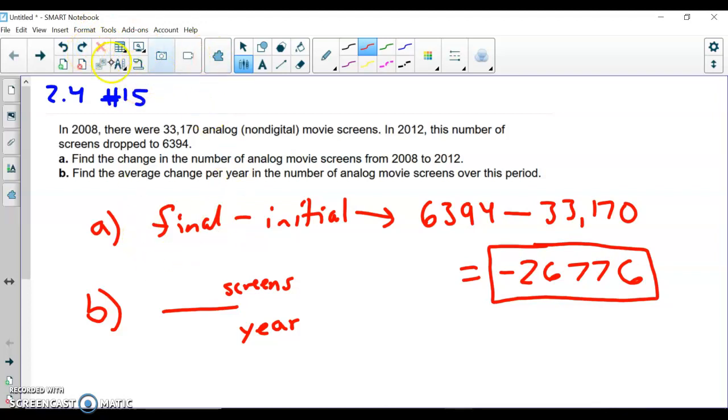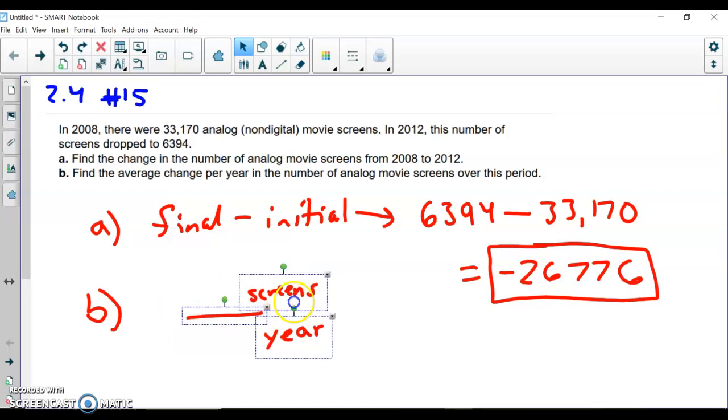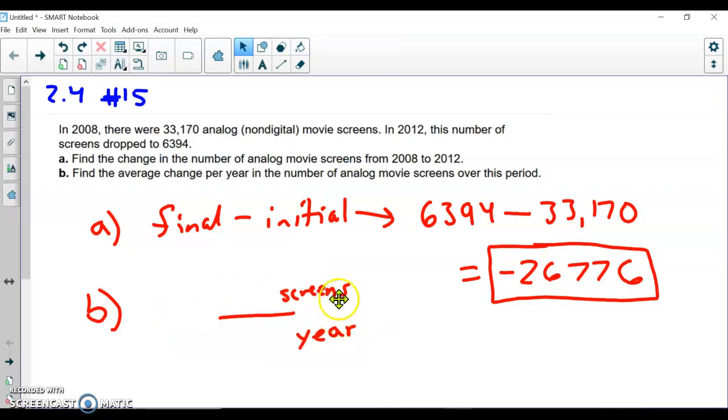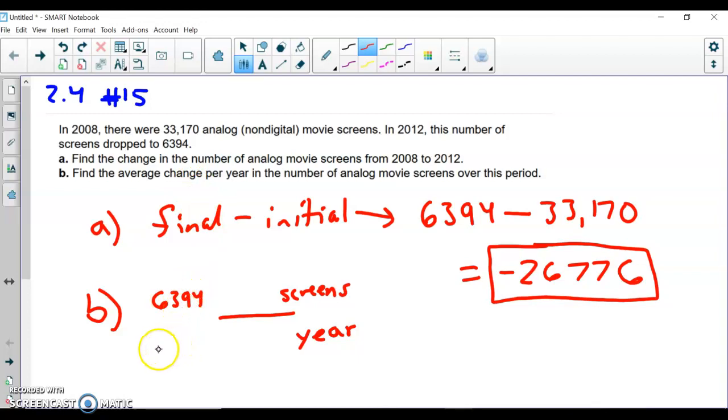So the way to do this problem is to just find the difference in each of these values. Now, we already figured out what the amount of change was in the screens, right? We have the final value of 6,394. That's where it ended up, and that was in 2012. We're going to subtract the initial value where it started.